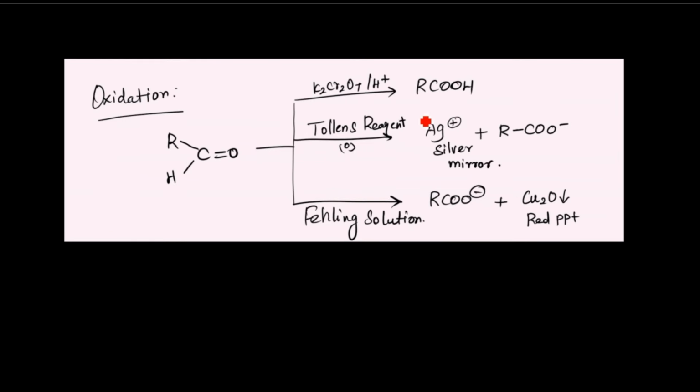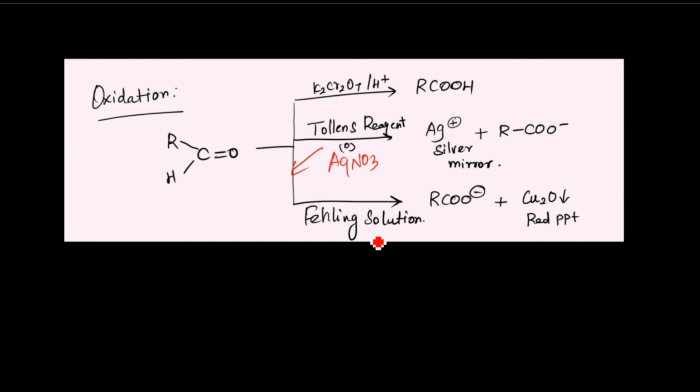Then oxidation reactions, Tollens and Fehling's reagent. Tollens reagent is ammoniacal silver nitrate, and Fehling's solution is a mix of Fehling A and Fehling B, which is nothing but copper sulfate and sodium potassium tartrate. With this, a positive result means it has an aldehyde group in it.